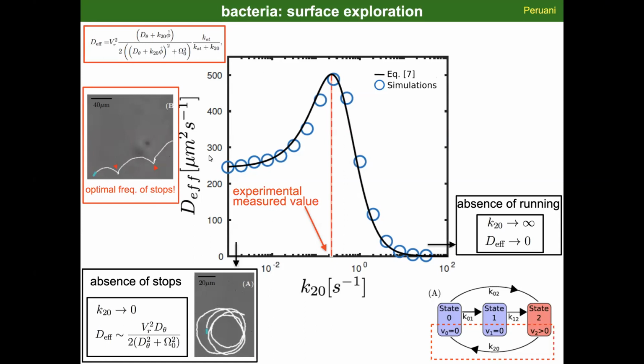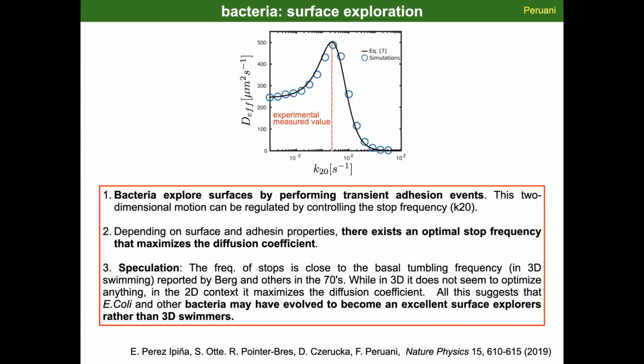It seems that bacteria adjust the K20 transition, so the stop event frequency, in such a way as to maximize the diffusion coefficient, which makes sense if what they try to do is explore surfaces in an efficient way. Okay, so the take-home message of what I showed you is that bacteria explore surfaces by performing transient adhesion events, and that there exists an optimal stop frequency that maximizes the diffusion coefficient.